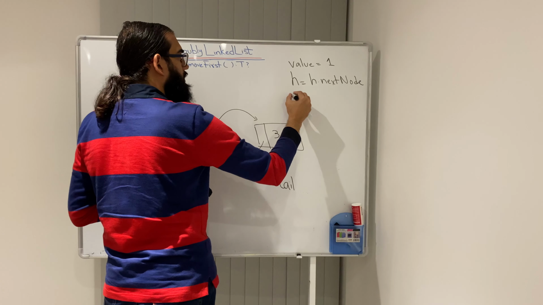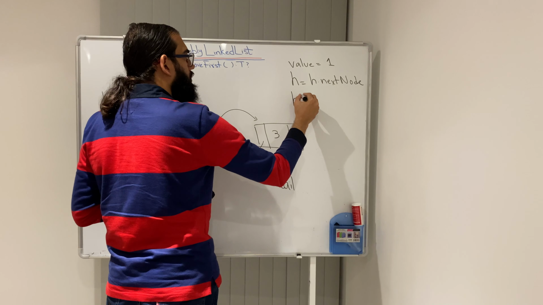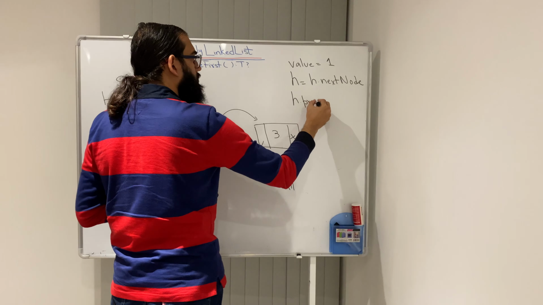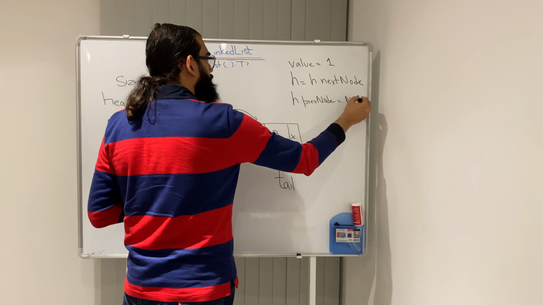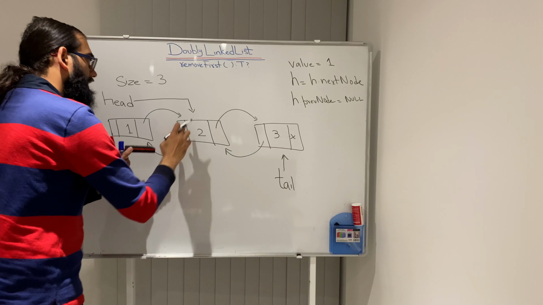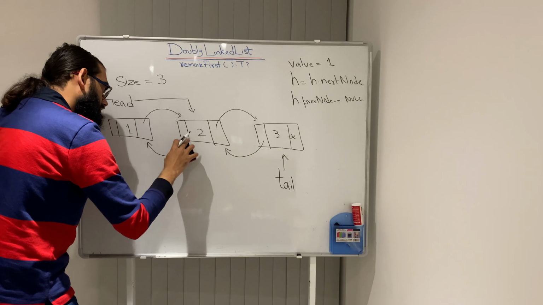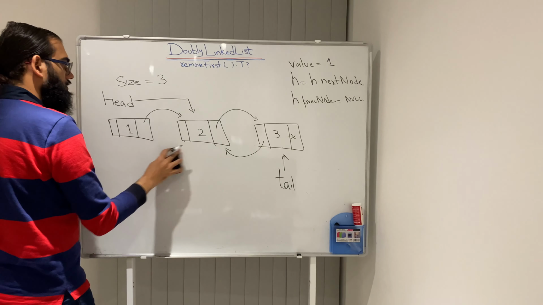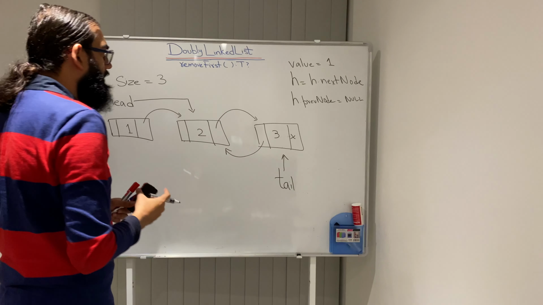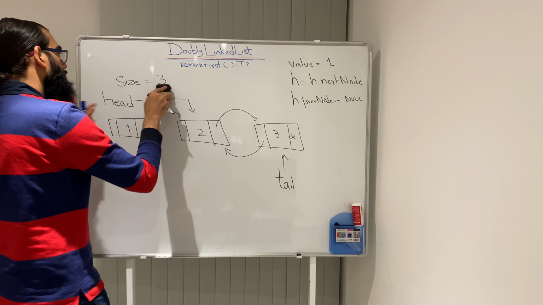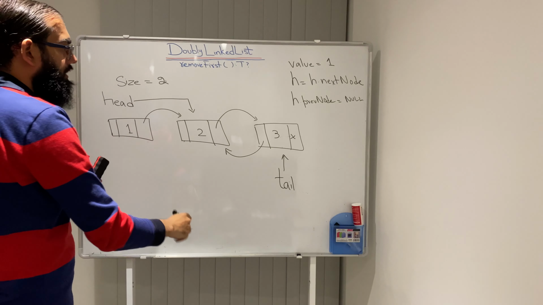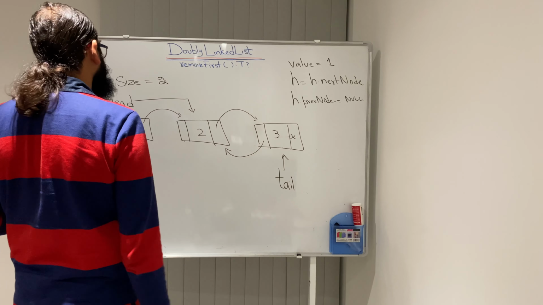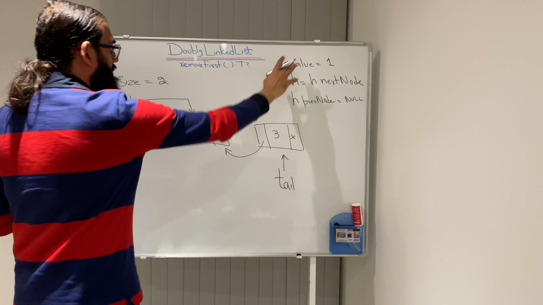Then we did head dot previous node equal to null. So head dot previous node is null, there is no more. And then we did size minus minus, which moved to 2, because it's not empty, we are not going to do tail equal to null, and then we return the value.